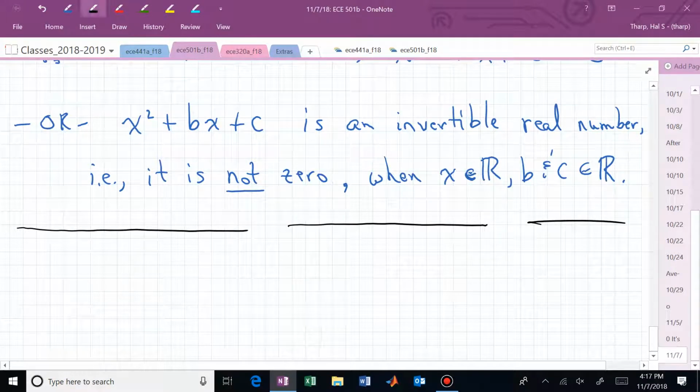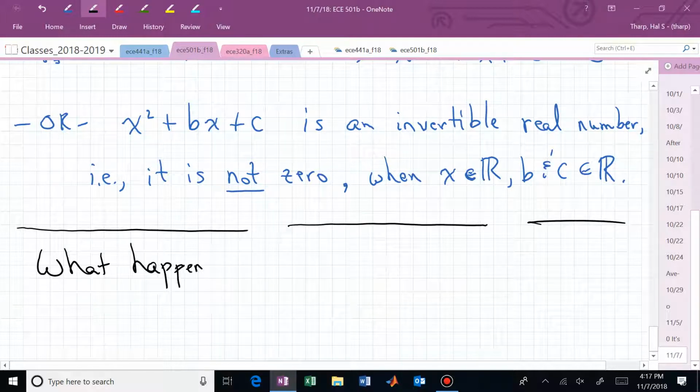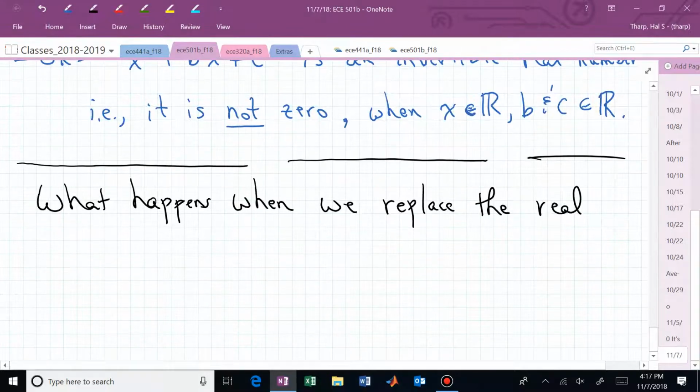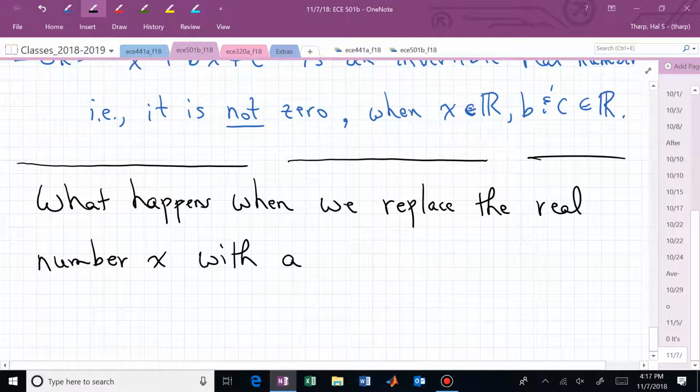So what happens when we replace the real number x? What was a real number associated with in terms of an operator?